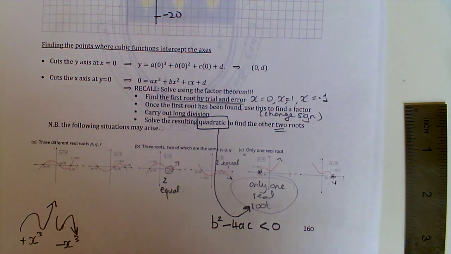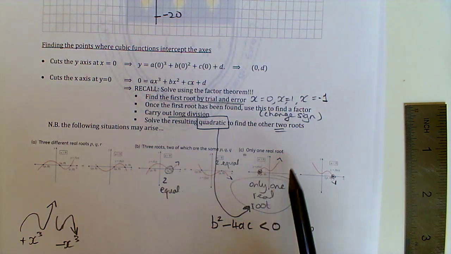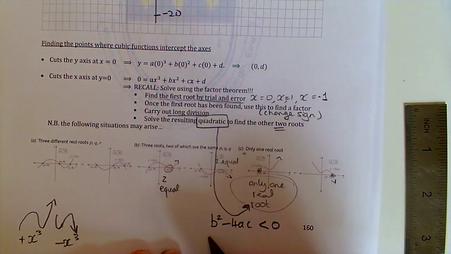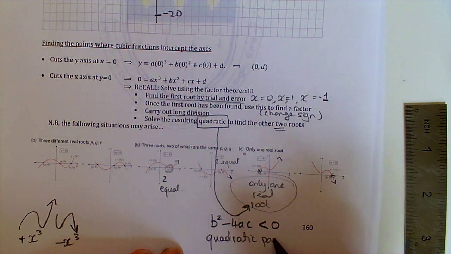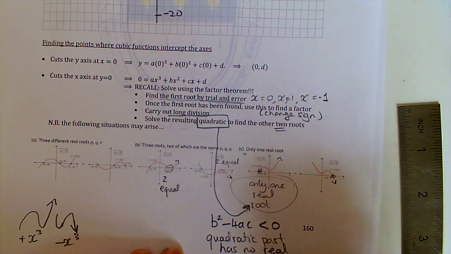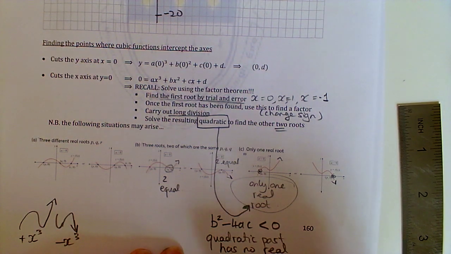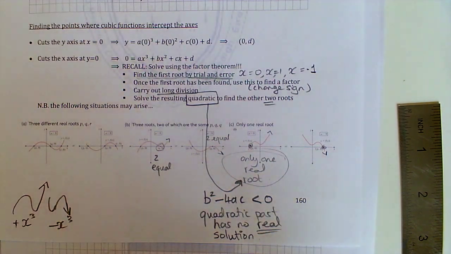So if you get a minus sign underneath the square root, you can't get the square root of a negative number, which means we don't have three real roots and the quadratic part has no real solution. So we keep saying things like this, no real solution. That's because it does have complex solutions. Complex numbers, imaginary numbers.